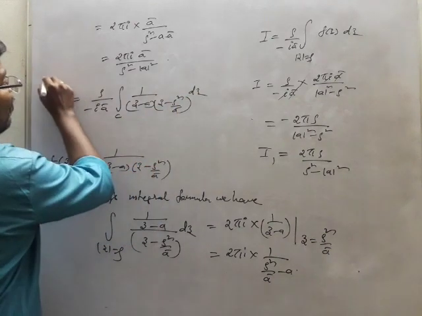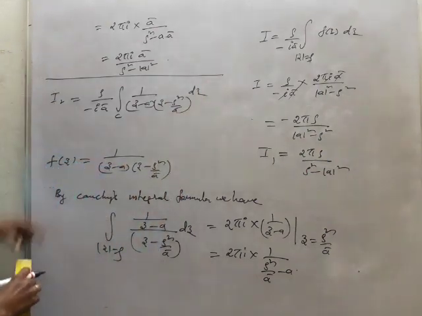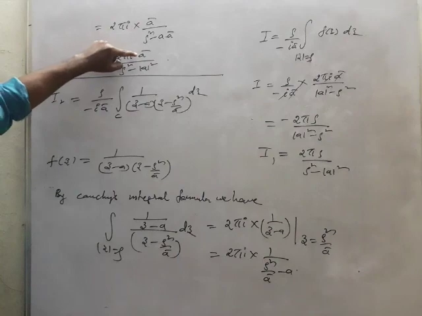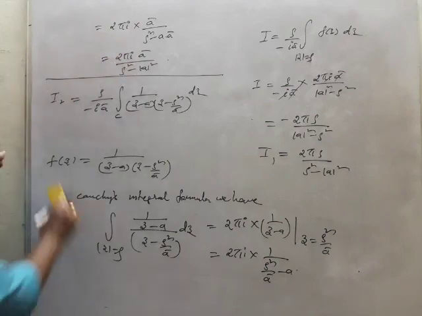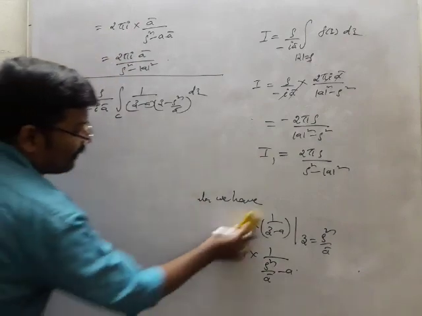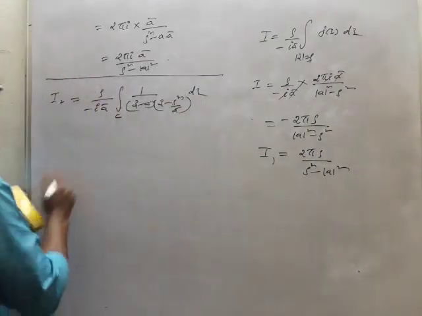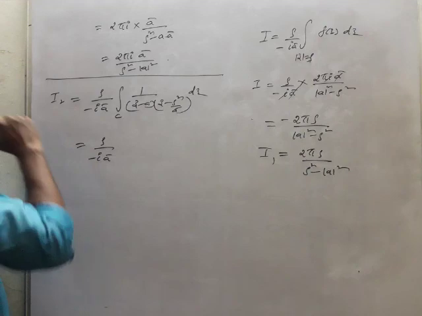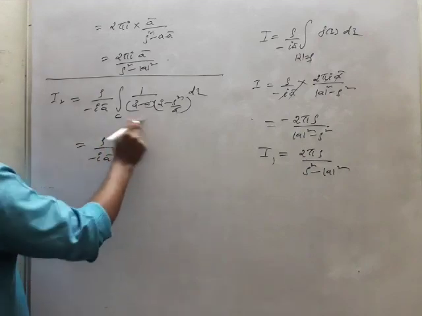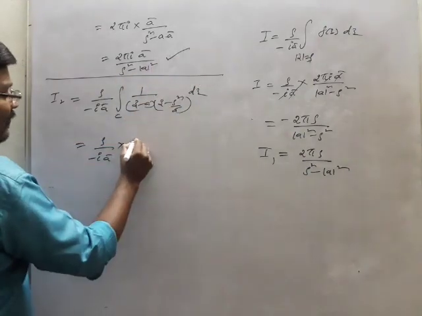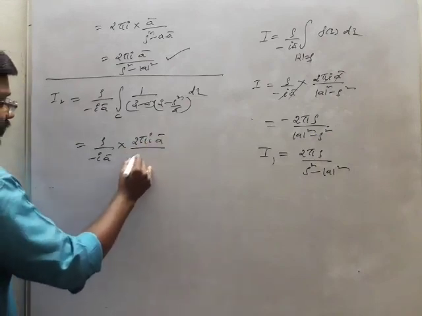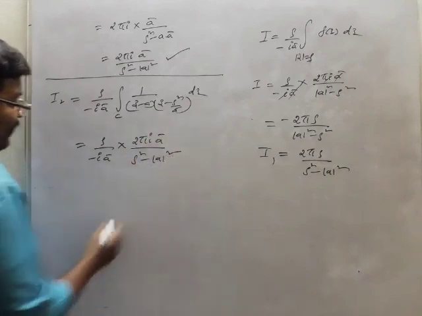The value which we found, 2 pi I a bar by rho square minus mod a square, we will substitute here. So if I substitute that, that will be rho by minus I a bar into 2 pi I a bar by rho square minus mod a square.